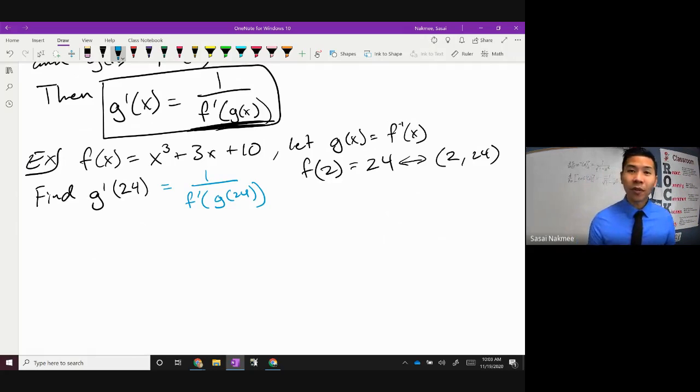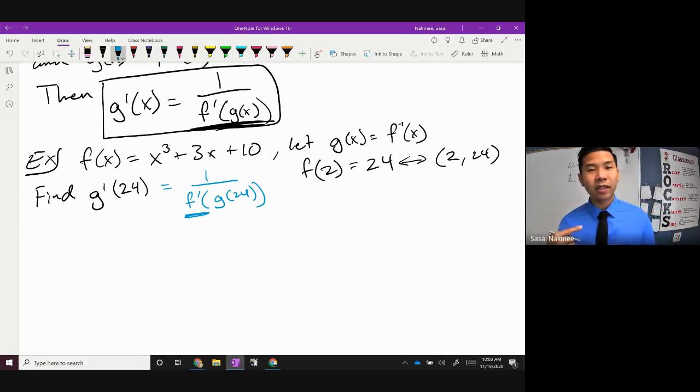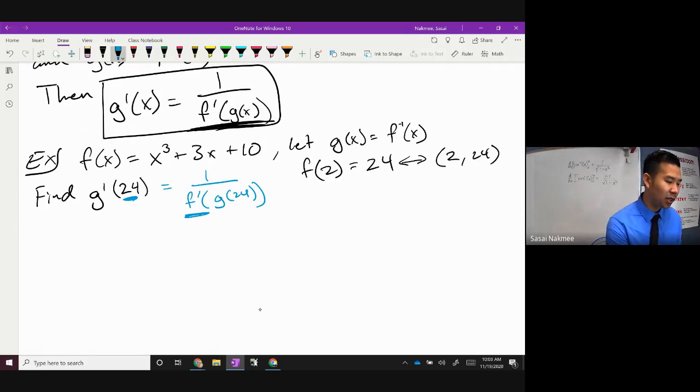So if you're looking for the derivative of the inverse function, you really only need two things. You need the derivative of the original function, and you need the inverse function evaluated at the point that you're interested in. So if the point is 24, I need to find the inverse value of 24, and I need to find the derivative of f of x.